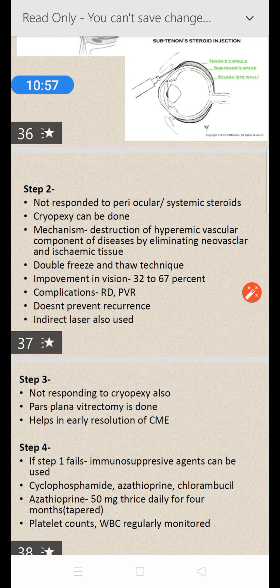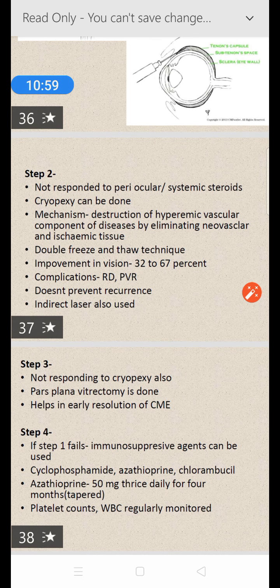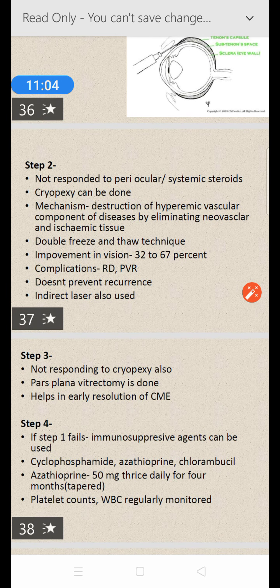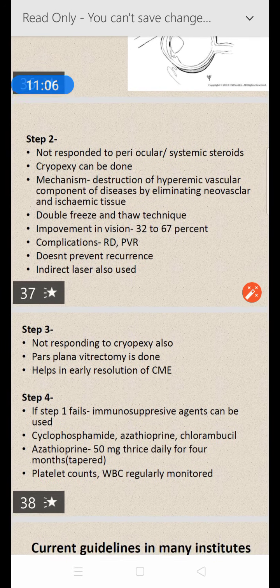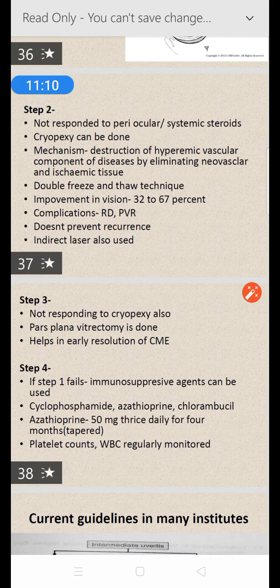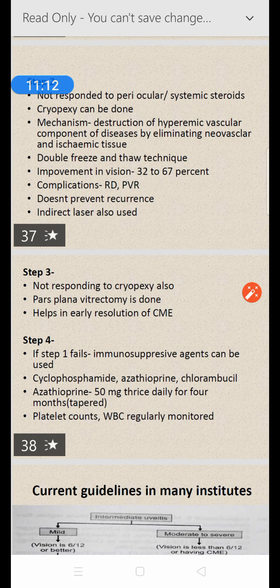Suppose even cryopexy doesn't respond, you can switch to step 3, where you can do pars plana vitrectomy. It helps in resolution of cystoid macular edema in early duration.